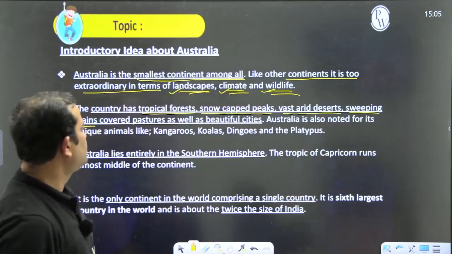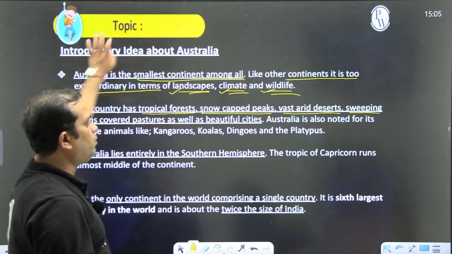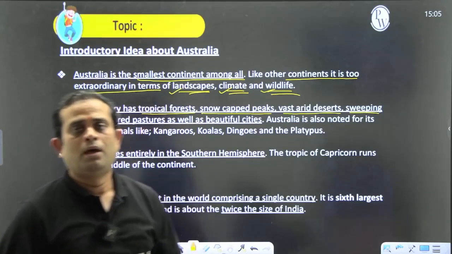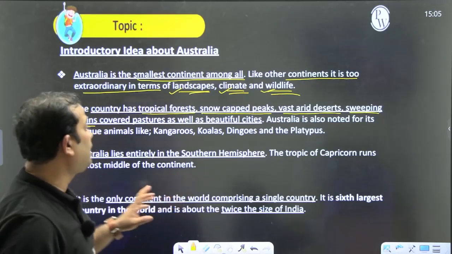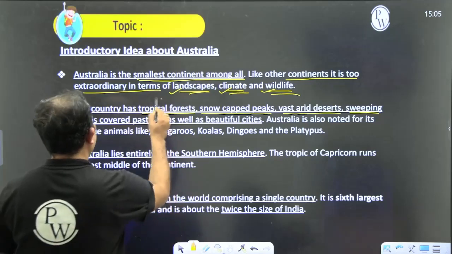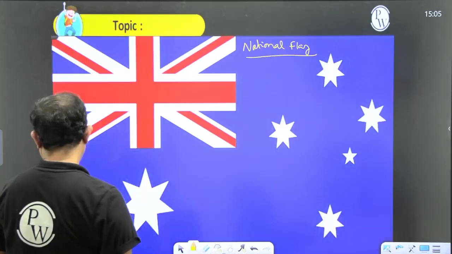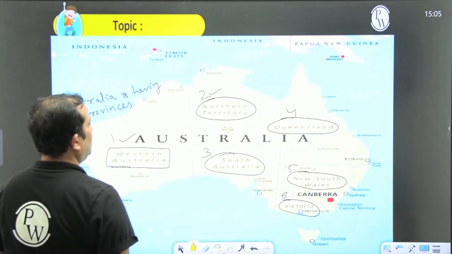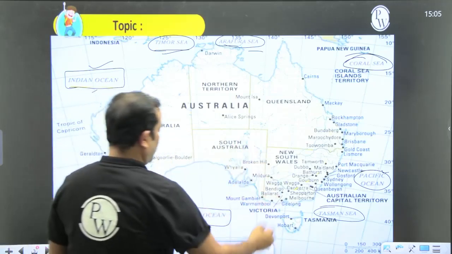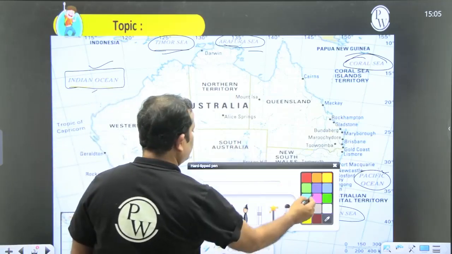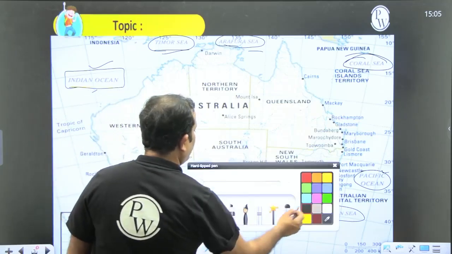If I say this country also has tropical forest, why is it tropical forest? Just look here, it will be more clear. See, the Tropic of Capricorn passes through. The Tropic of Capricorn means it is a torrid zone.